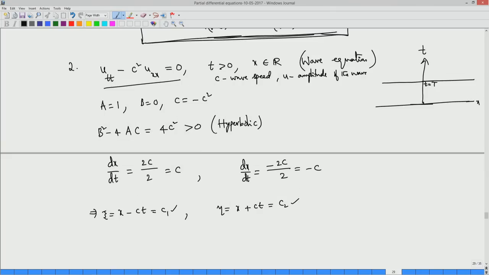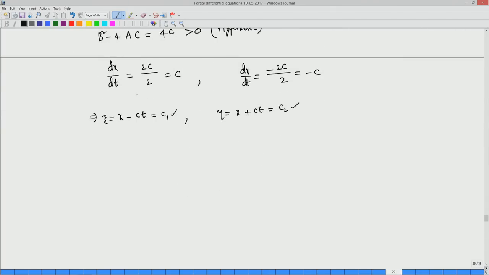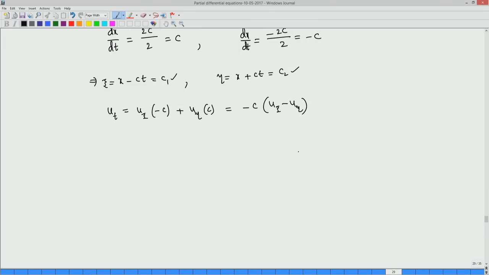Now, what you need is utt and uxx, so you calculate them. Start with ut, that is u xi into xi t. What is xi t? Minus c. Xi t is minus c, plus u eta, eta t is plus c. Together you see that minus c comes out, u xi minus u eta. This is my ut.